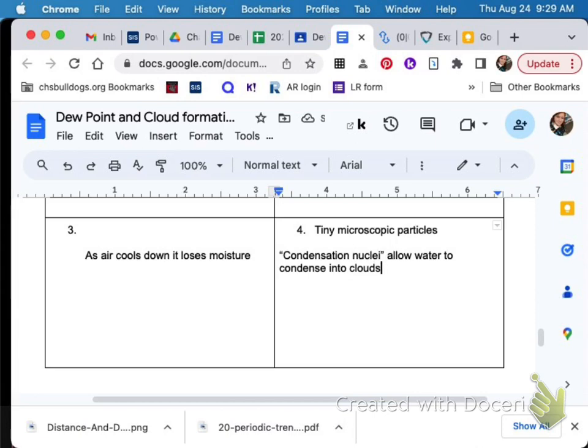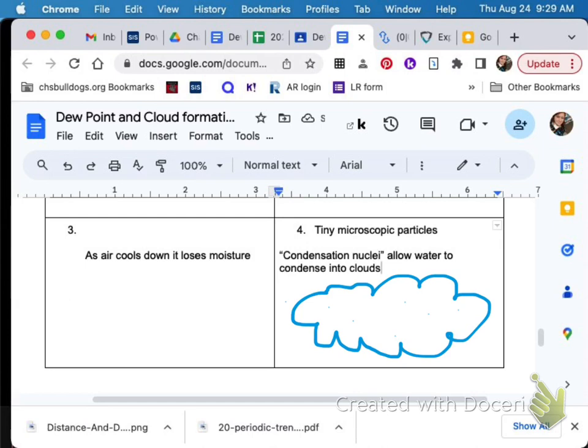So you're going to have these tiny little particles that are essentially invisible to your eye, and then water droplets begin to condense on them and they become visible and turn into the puffy little clouds that we see in the sky during the day. Those tiny microscopic particles are what allow clouds to form. It's dust and dirt and debris that is normally up in the atmosphere.